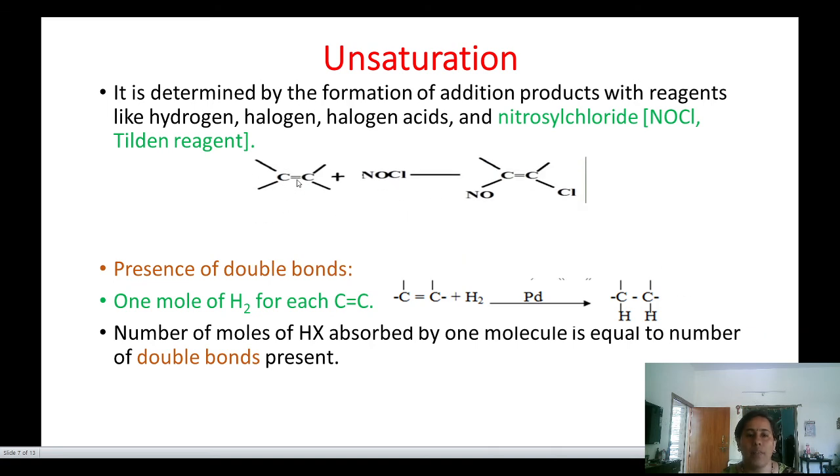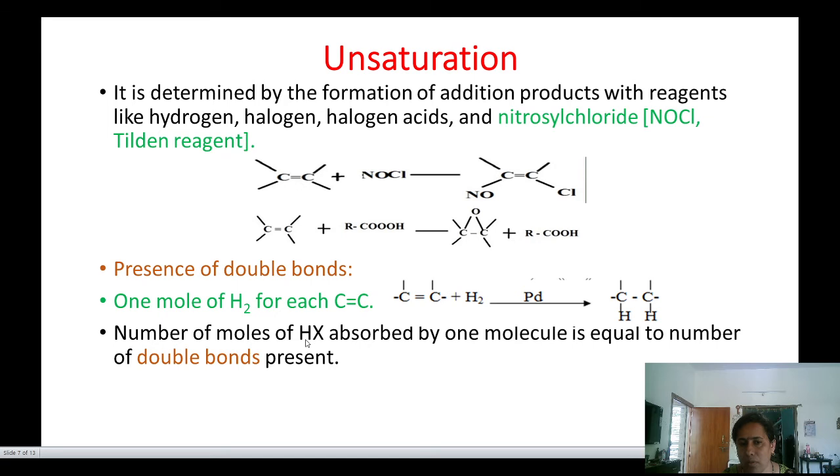Now, if the compound contains a double bond, it will undergo reaction with Tilden's reagent, and there is formation of this compound. Also, a compound containing a double bond, on reaction with this reagent, forms an epoxide ring. Also, the number of moles of halogen acids such as HX absorbed by one molecule is equal to the number of double bonds.